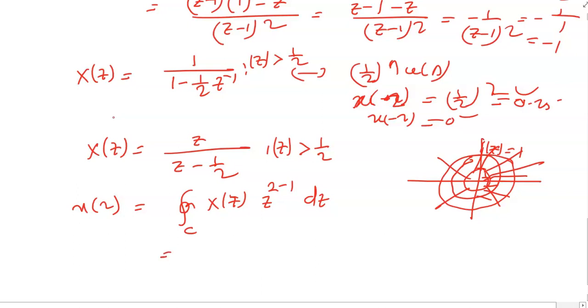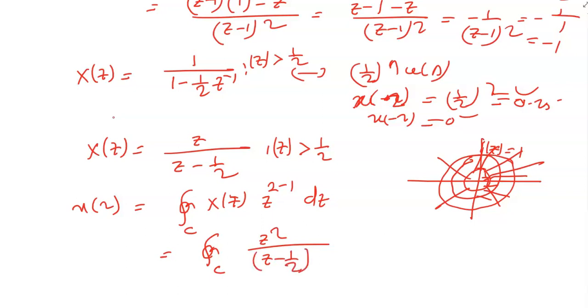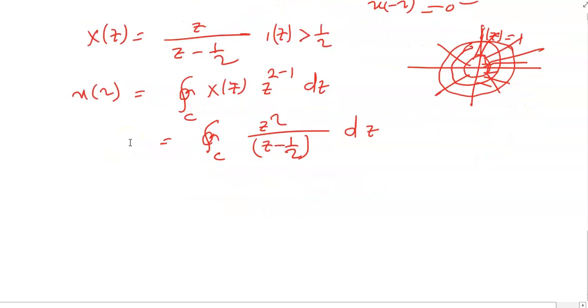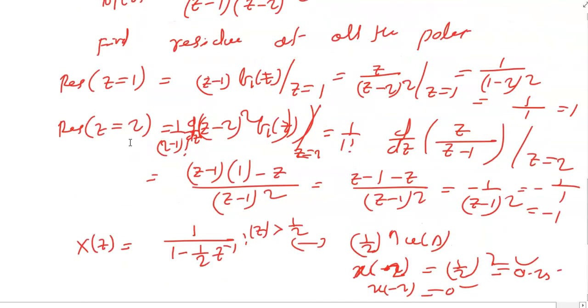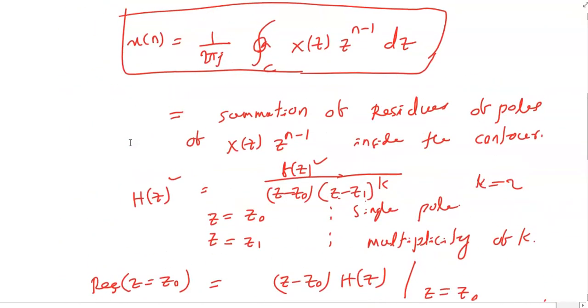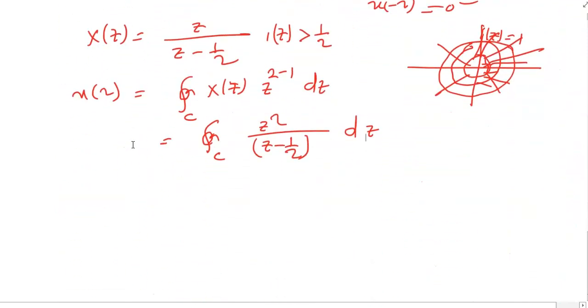So put these values. X(z) is equal to z upon z minus half, so it becomes z square upon z minus half dz. Now see here, there is a 1 upon 2 pi j term.